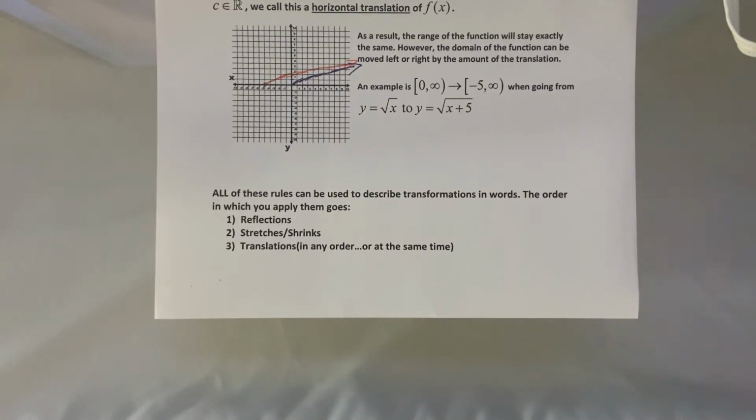If you move something up or down and then reflect it, all of a sudden you're reflecting your movement as well. If you're stretching it, you're stretching your movement as well. That's kind of like the problem we had with that absolute value equation in the last video. So you need to keep that in mind.